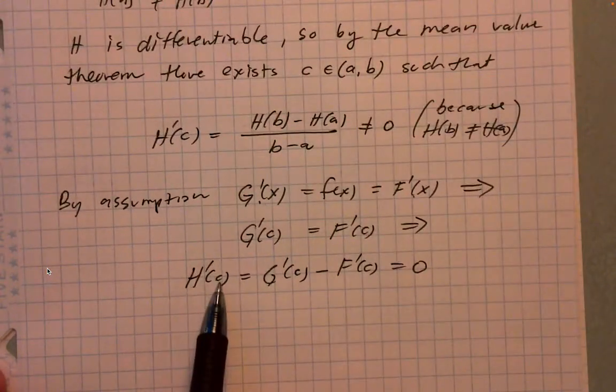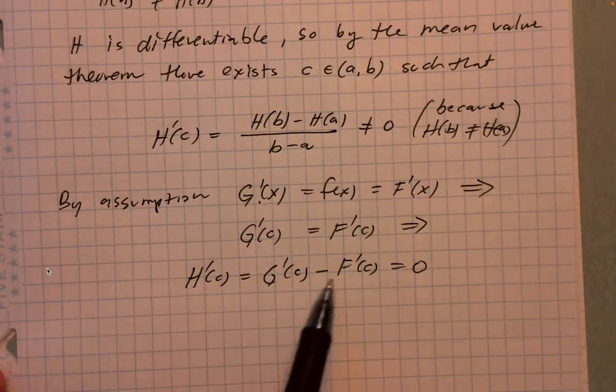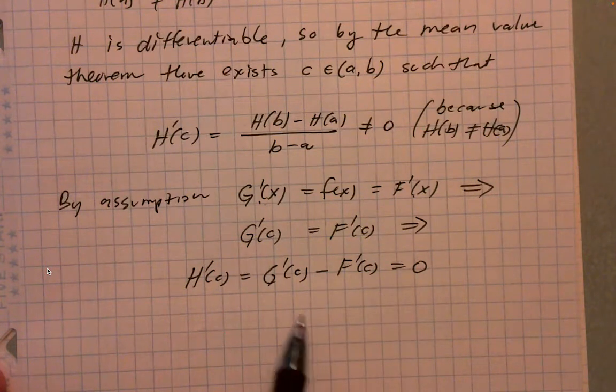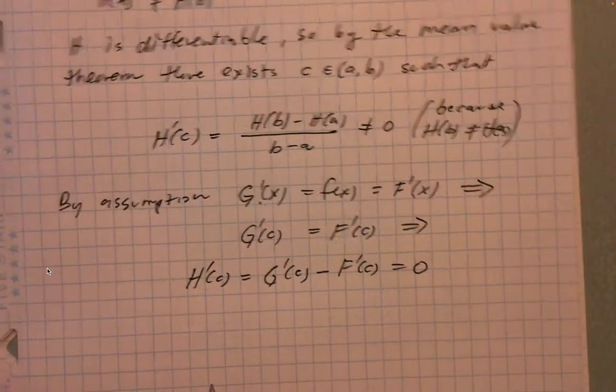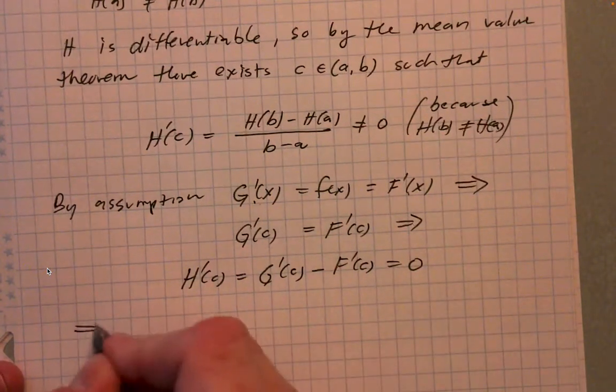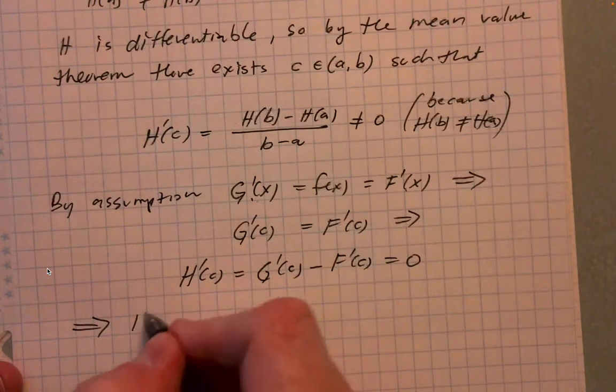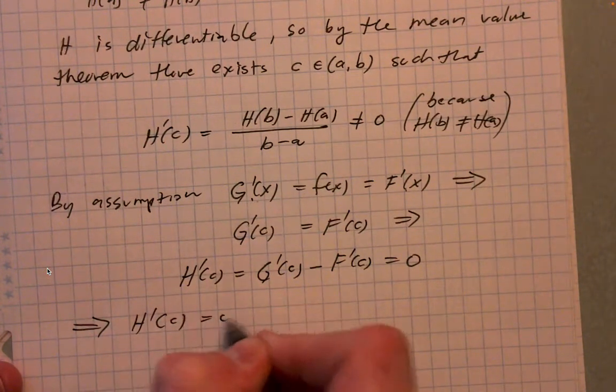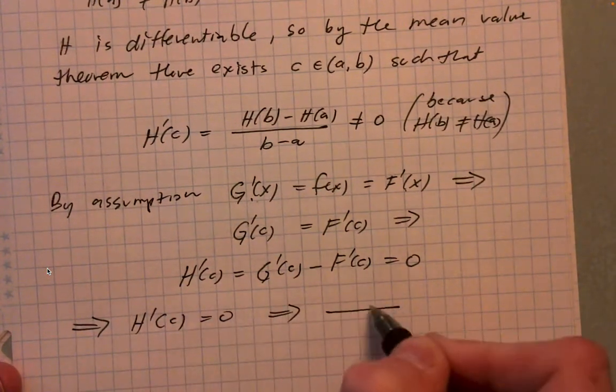So if h prime of c is equal to this and this, they're the same thing, they must be equal to 0. So that means h prime of c is equal to 0. Okay, so what happens then, right? So if h prime of c is equal to 0, that implies a contradiction.